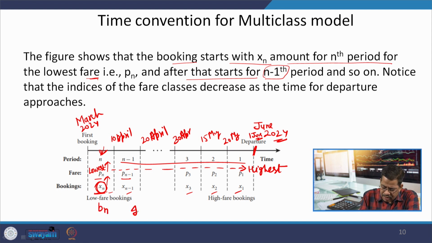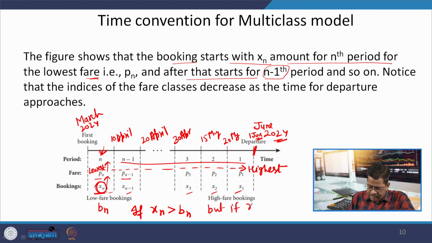If x n is more than b n, some of the bookings will be rejected, but if x n is less than or equal to b n, all the bookings will be accepted.